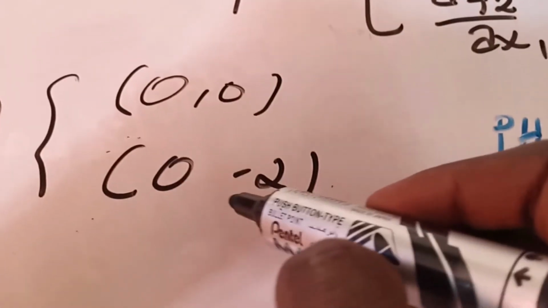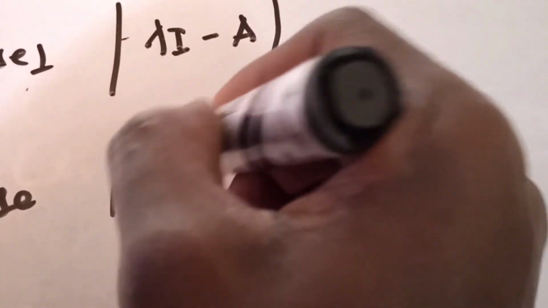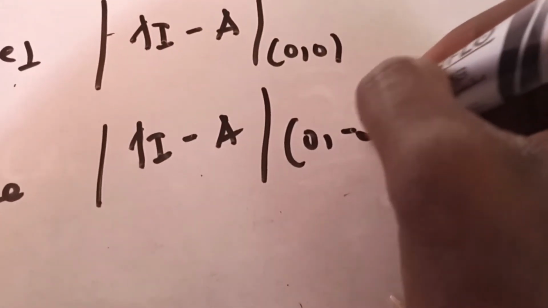Case two, because we have 2 points here, 0, 0 and 0, minus 2: lambda I minus A operating at the point 0, comma minus 2.